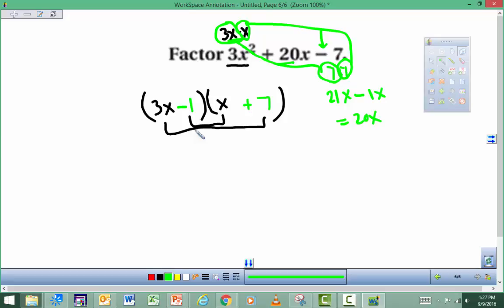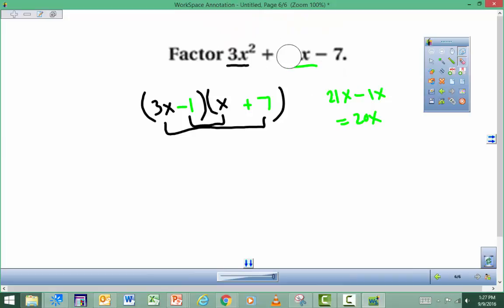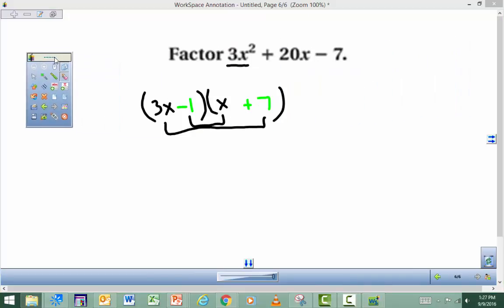And the AC method will give us the same answer, but it involves several more steps. Alright, so now, I think you're going to realize that the AC method is just disguised. It's doing exactly the same thing, but it's disguised. Let me move this out of the way.